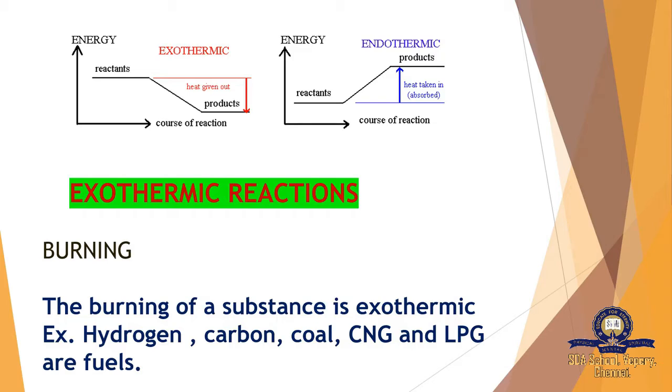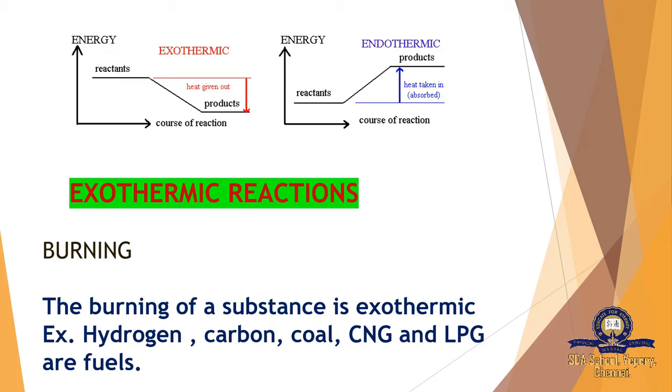What is happening when the reactants give out a product in exothermic? Heat and light come out. So heat is given out, and the energy level decreases. Energy comes out from the reaction. So the energy is decreasing.